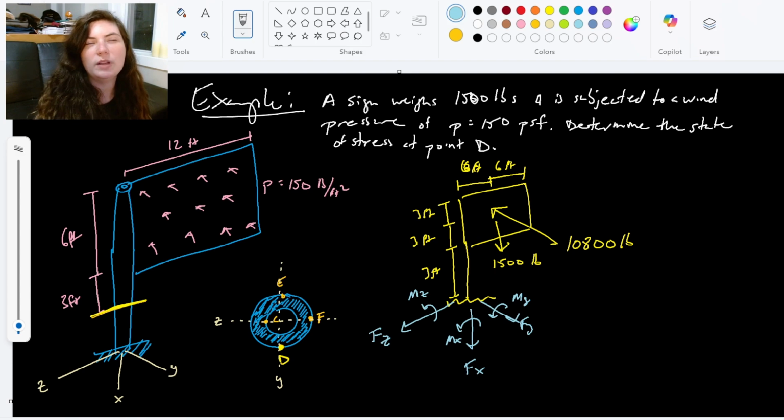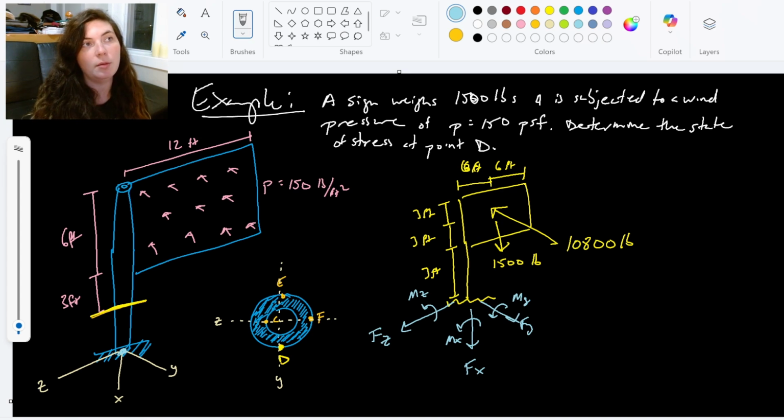And I think really the only part that tends to trip people up when solving the internal forces is that when you're taking moments about X, Y, and Z, they are moments about the axis. They are not a moment about the point here. We are taking moments about the x-axis, the z-axis, the y-axis, moments about the axis itself.